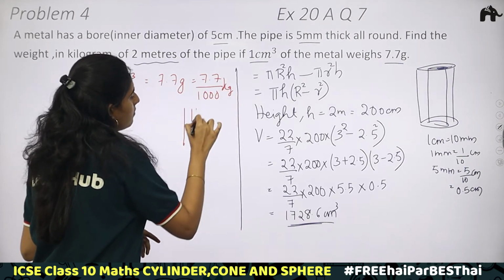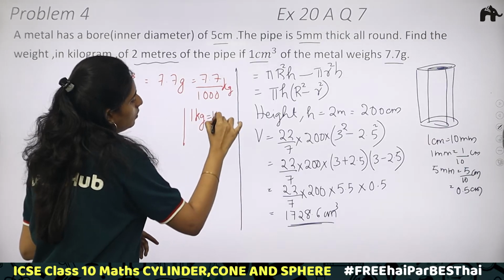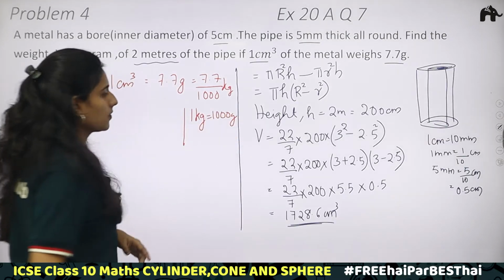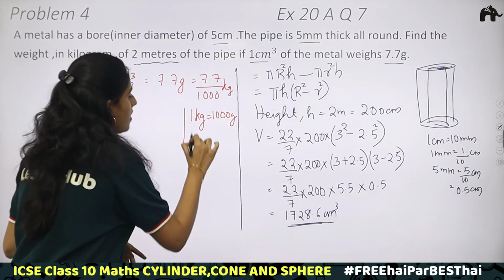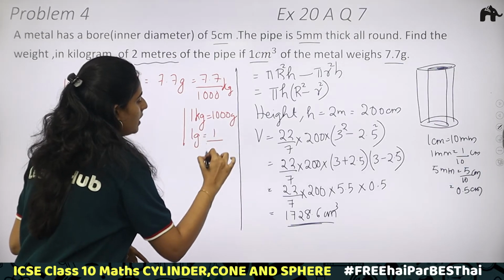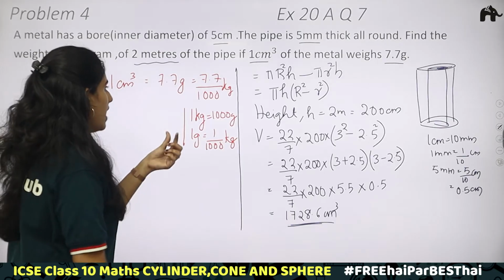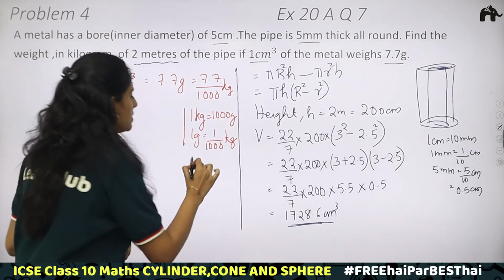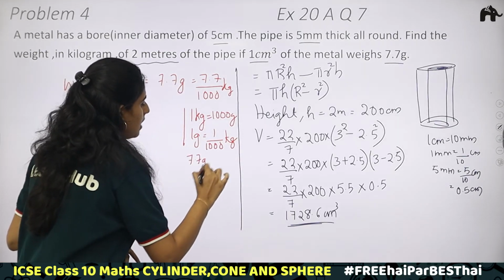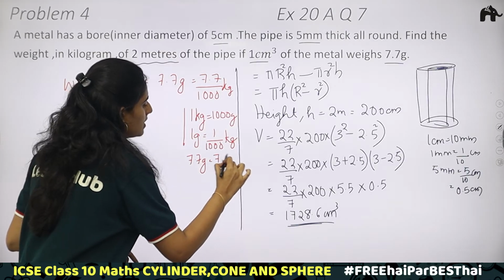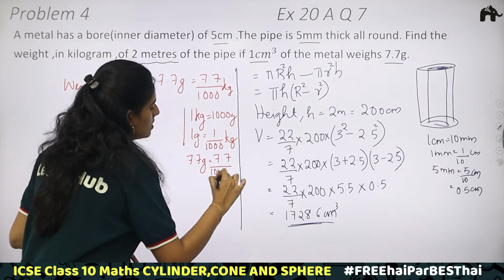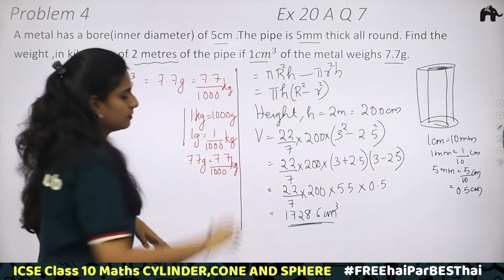We have 1 kilogram is equal to 1000 grams. Then 1 gram will be 1 by 1000 kilograms. Here we have 7.7 grams. 7.7 grams will be equal to 7.7 by 1000 kilograms.